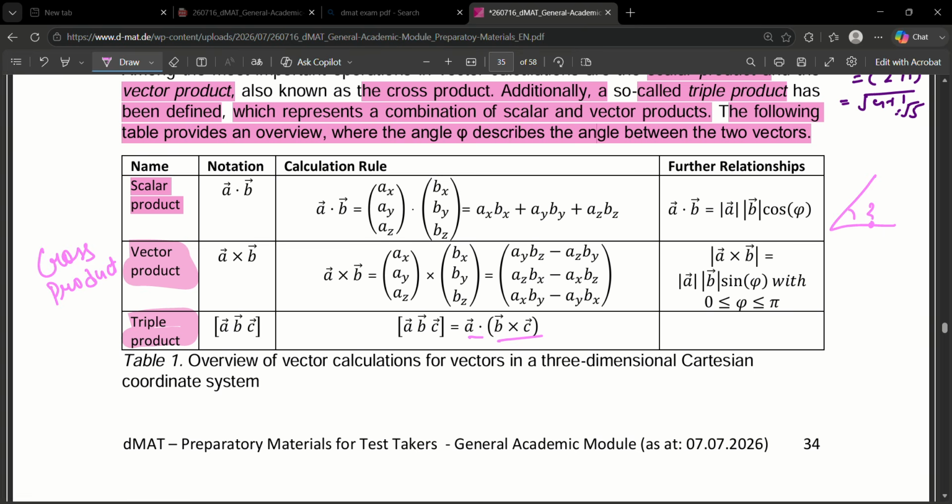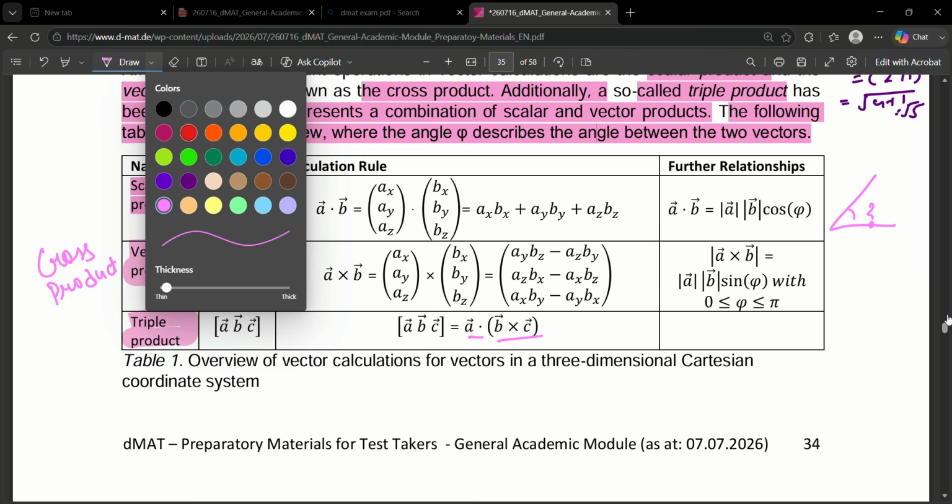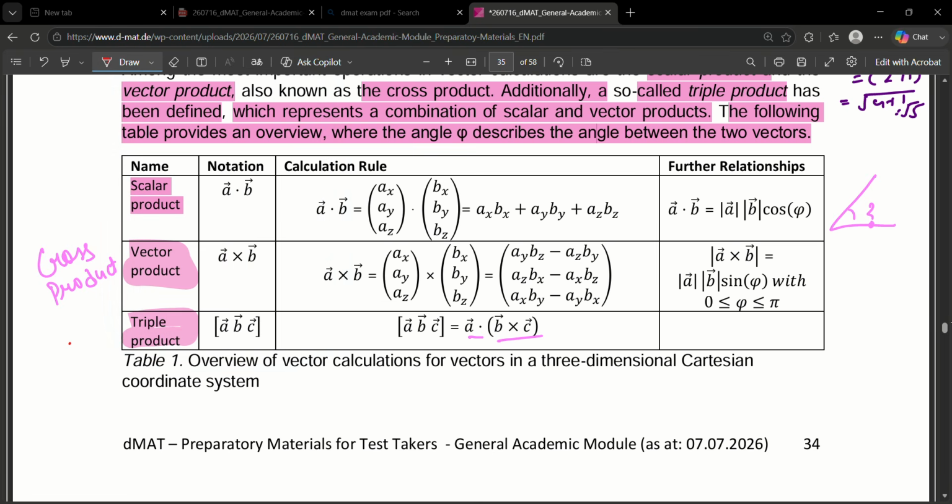I can give you a quick example for scalar product and the vector product first. For example, if you want to do a scalar product, they are giving you 3 dimensions. You have two vectors, 1, 2, 3 and 4, 5, 6. How are you going to multiply these?